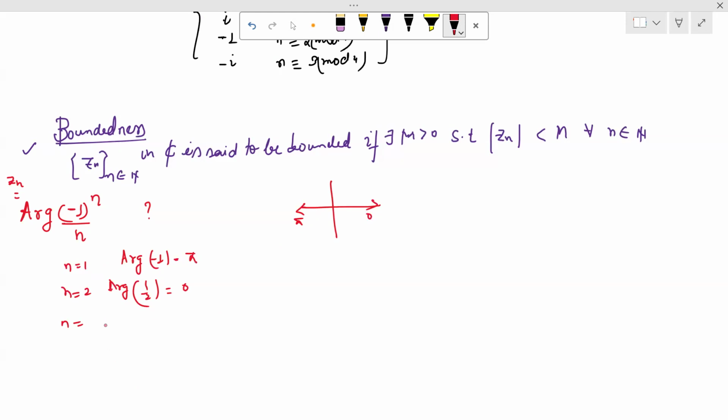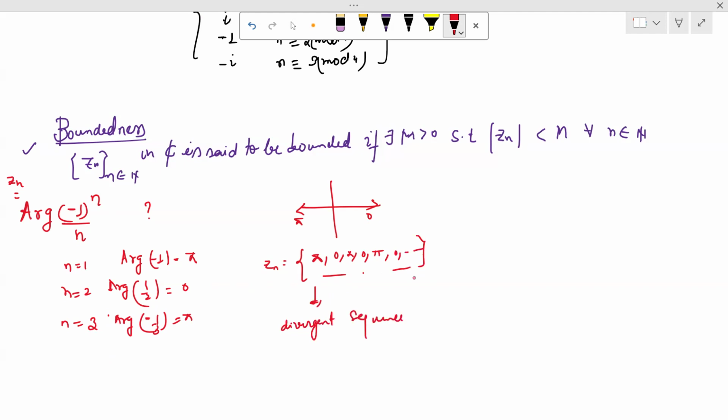Now if you take n equals to 3, then argument of minus 1 upon 3 would be simply pi. So clearly, this sequence Zn has a non-unique tendency. So this is a divergent sequence.